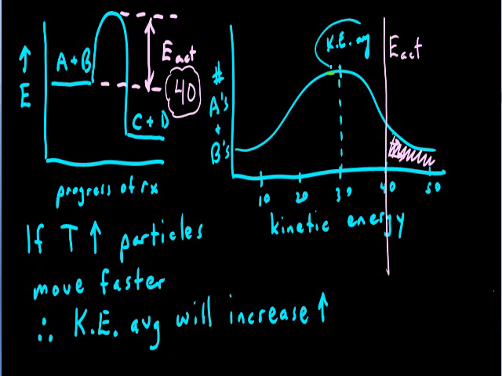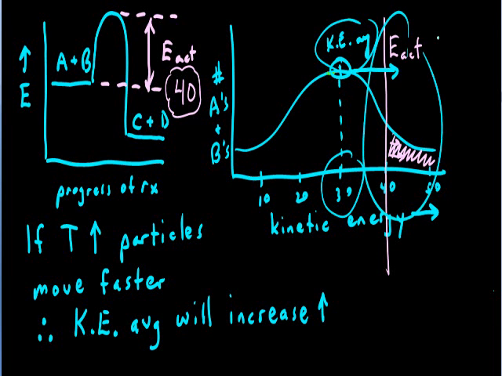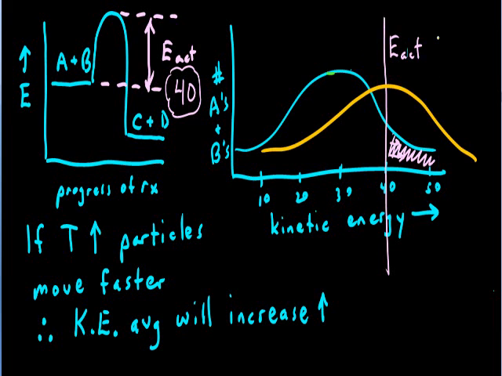In our current diagram, the kinetic energy average is at right about 30 units of kinetic energy. Since our x-axis is kinetic energy, an increase in the average means that this peak or hump should shift over to the right to represent a kinetic energy of a higher value.